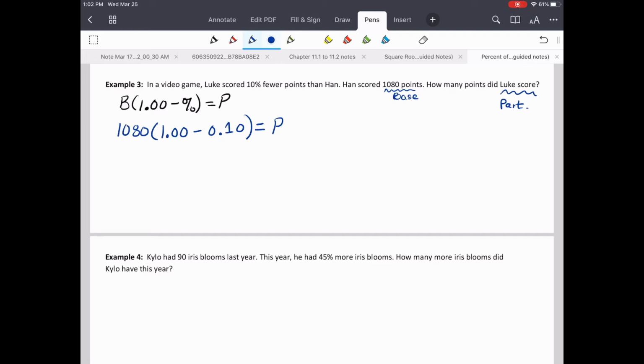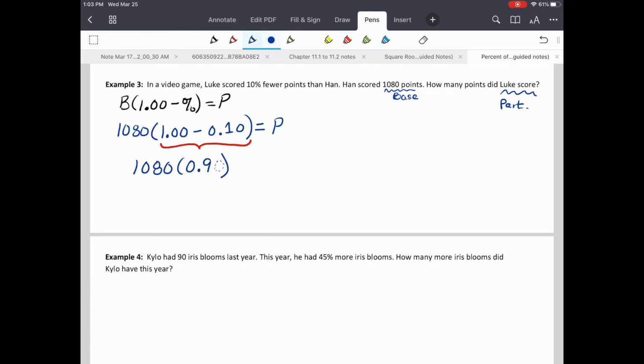Okay, so now let's go ahead and start solving this. And you'll notice here, if we zero in on the parentheses, we've got 1 minus 0.1. And you can actually work that out. Those are like terms. You can subtract those. So that comes out to 0.9. So I'm going to rewrite it. So I've got 1,080 times 0.9. If you want to put a 0 there, that's fine too.